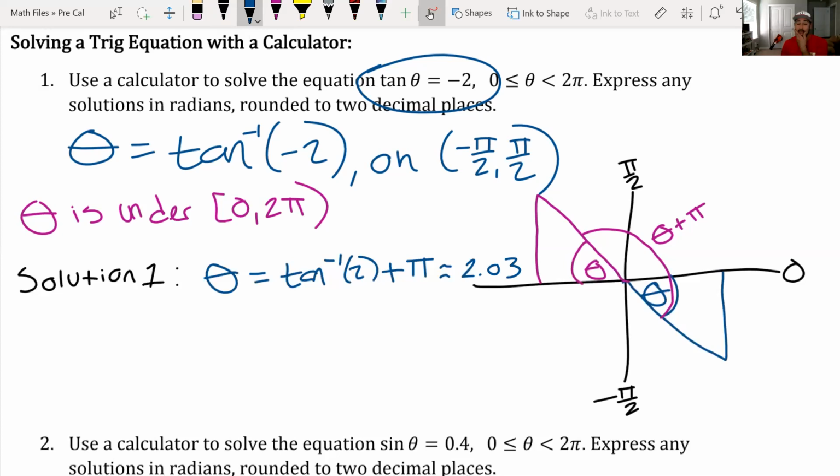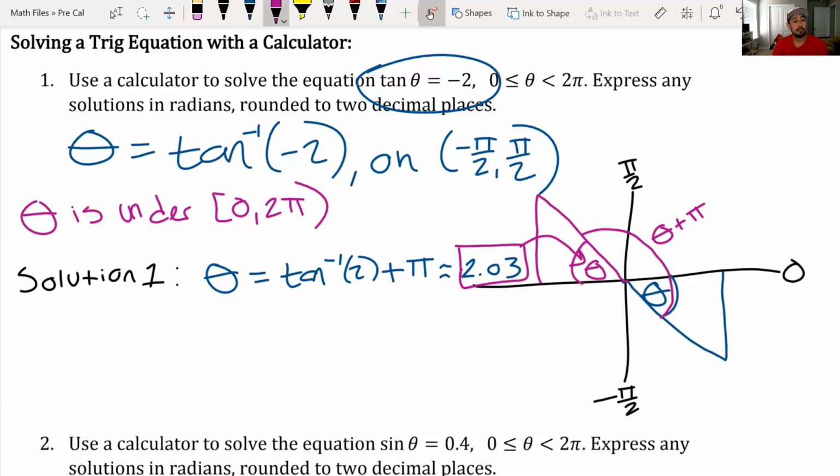2.03. I'll do that one in maroon, because this is now that angle. What you should notice is that since our value of tangent is negative, and in quadrant 2 tangent is also still negative, that's why this works.